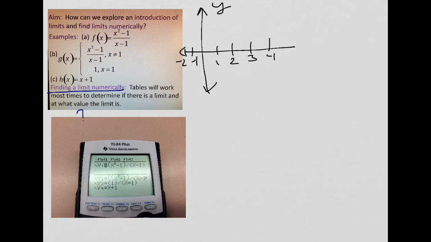I'm labeling my x-axis here, hoping to fit more than one graph. I previously did this before, and that's why I know my x values can go up by an increment of 1, and the same thing with my y values. I'm going to go up to 5 here: 1, 2, 3, 4, 5.